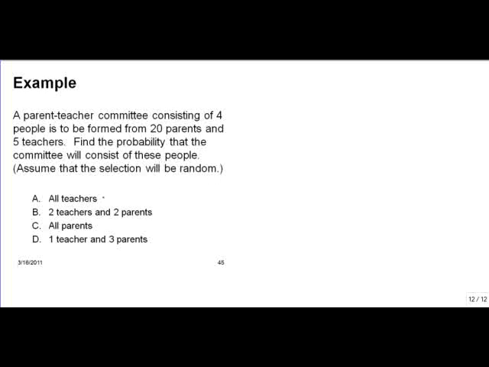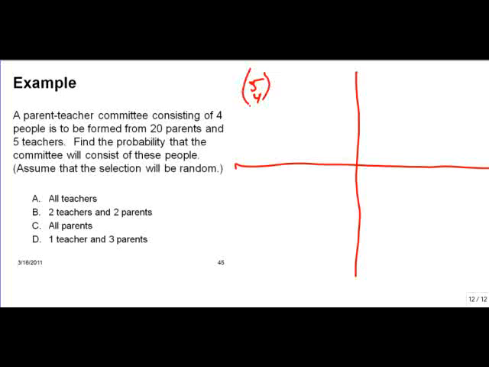So let's just go through one at a time. All teachers. So the probability that we have all teachers, well, how many teachers do we have? We have 5 teachers. And what's the size of the committee? It's 4. Does it matter how we get these teachers? No, we're not filling any specific slots.